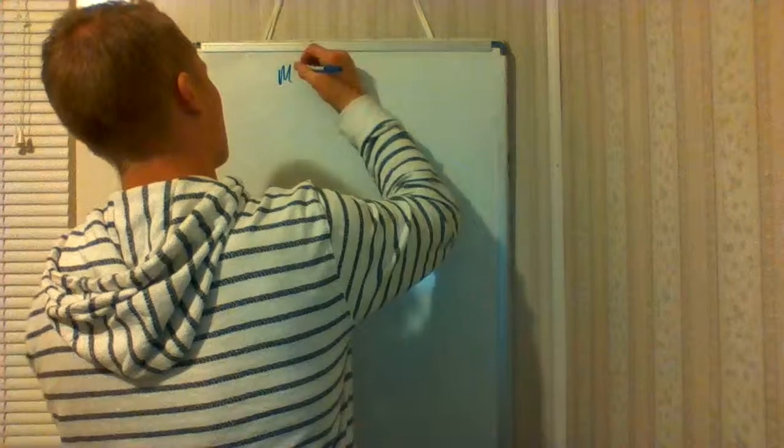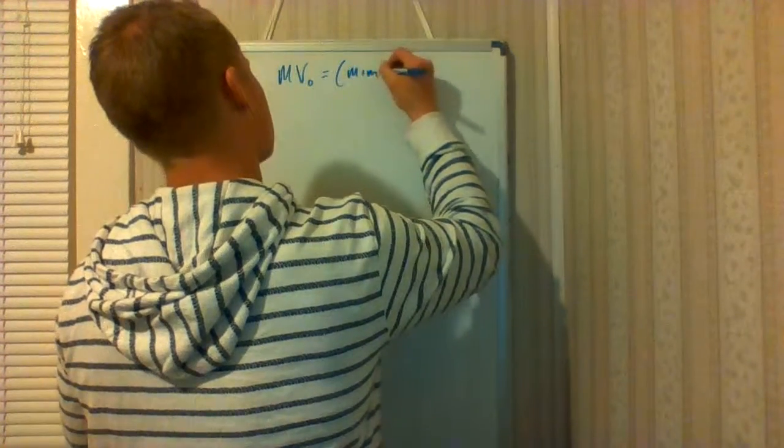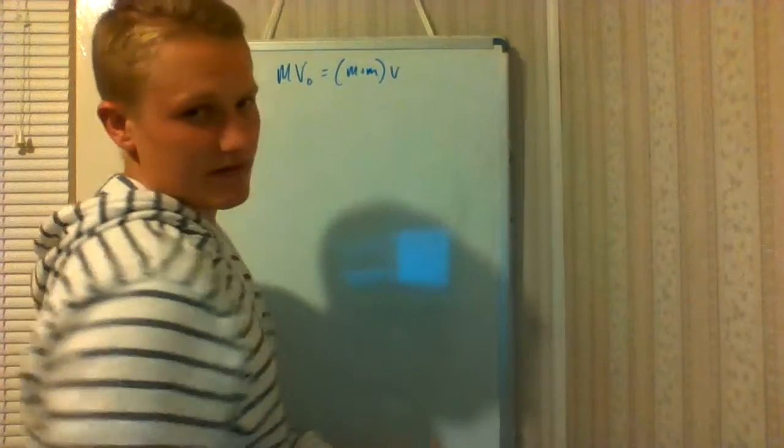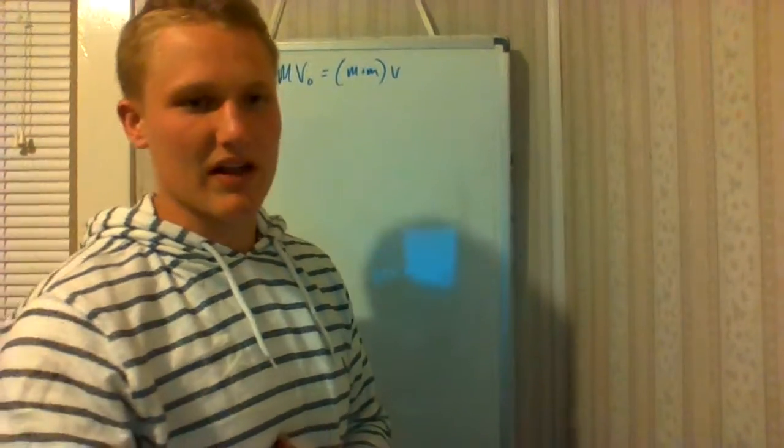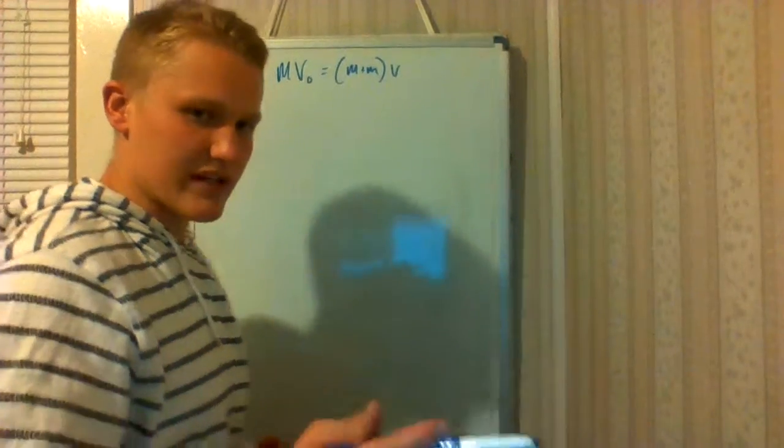So we can just take our conservation of momentum equations and solve for the first part of this. Mass times V naught equals mass plus mass times V. That's just like your final velocity. And we have our values for this.